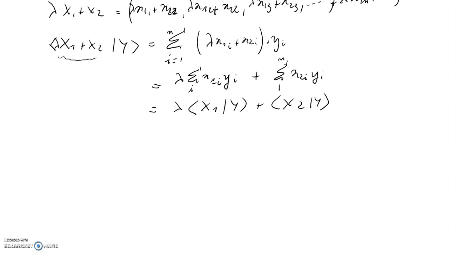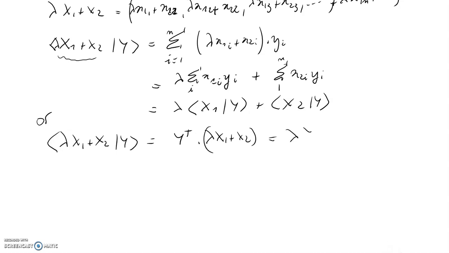Or you could use the fact that <lambda x1 plus x2, y> could be described as the y transposed product with lambda x1 plus x2, and use this linearity. Well, it's nothing new, y transposed times x1 plus y transposed times x2. Okay, and you got the same result. So we've got linearity for the first argument.